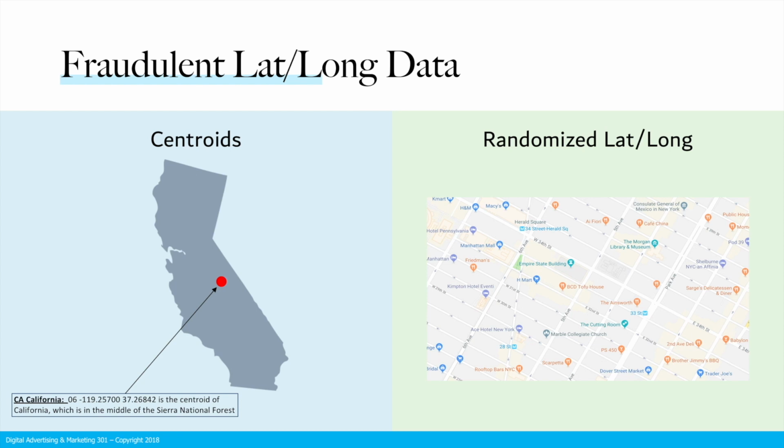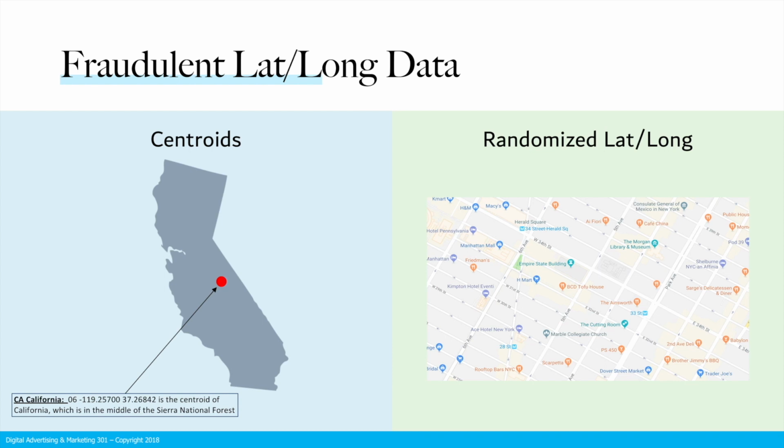So why would that happen? It could be that an app has a lot of users in Los Angeles and they aren't collecting location data because their users haven't allowed that information to come through their app. They aren't sharing it. But the app wants to get more money for their ads. So what they'll do is they could hard code a lat long into all of their bid requests.